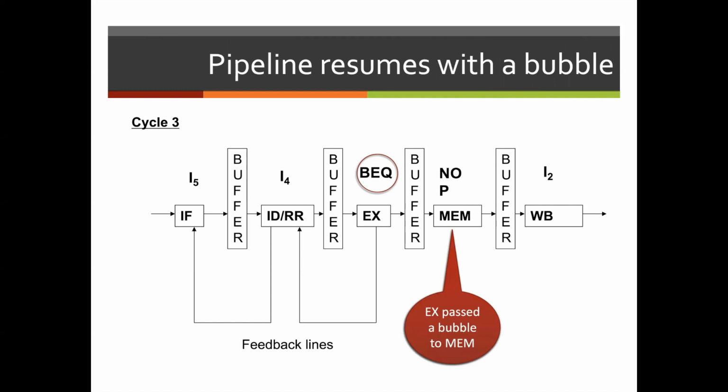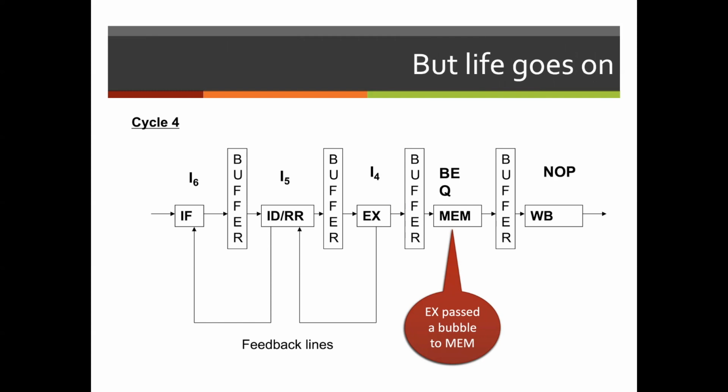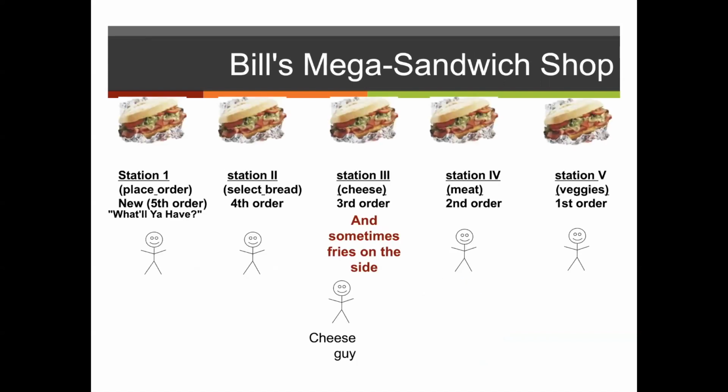And so we have a no op instruction that gets passed to memory as well, and then a no op instruction that is also passed to write back. This results in inefficiencies, so we need to figure out how we can improve these inefficiencies.